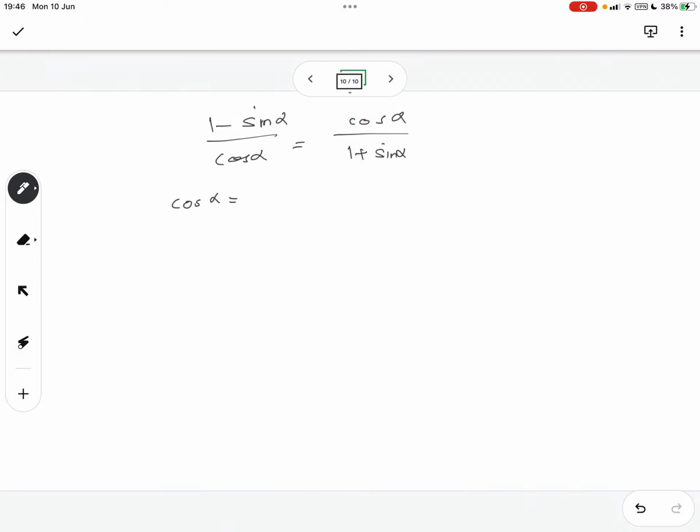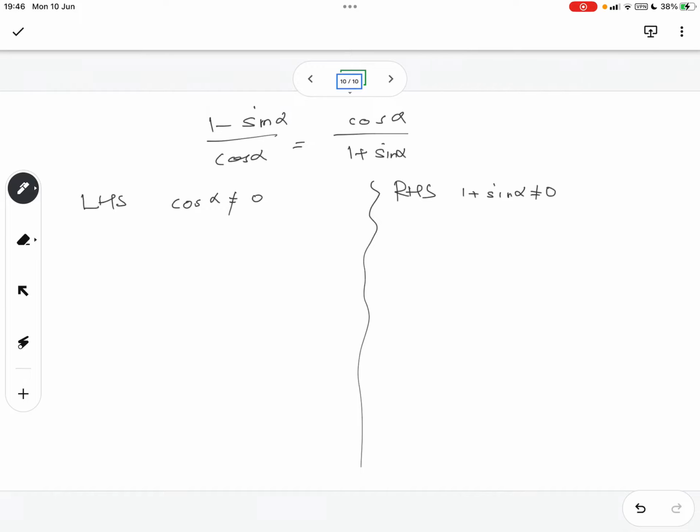So if we want to prove 1 minus sine alpha over cos alpha equals cos alpha over 1 plus sine alpha, we can take either side.